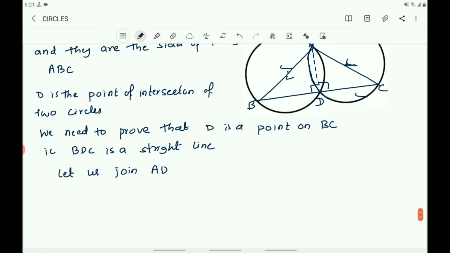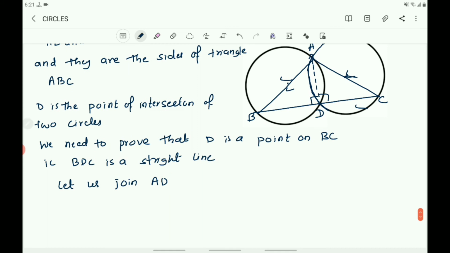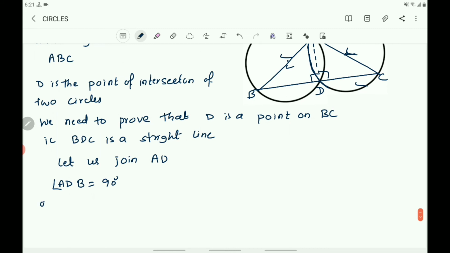So write angle ADB first. Angle ADB equals 90 degree and angle ADC equals 90 degree.